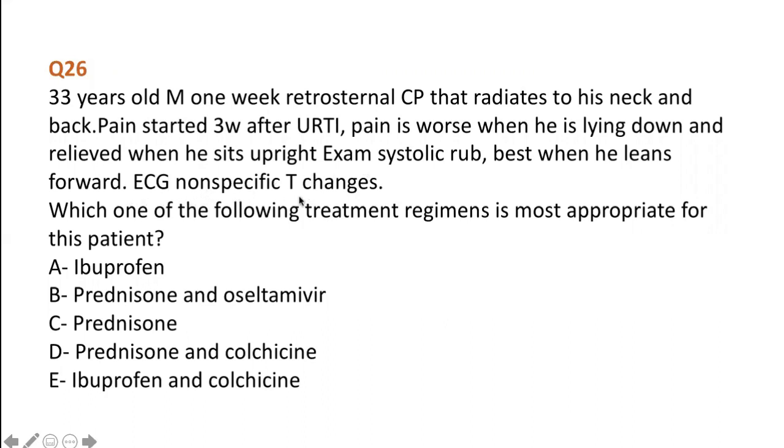The ECG showed non-specific ST changes. What is the most appropriate treatment for this patient? A, ibuprofen. B, prednisone with oseltamivir. C, prednisone. D, prednisone and colchicine. E, ibuprofen with colchicine. So basically, this is a pericarditis patient.